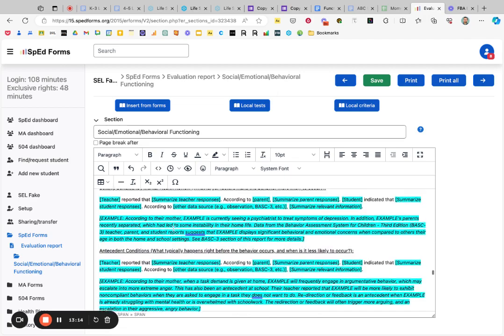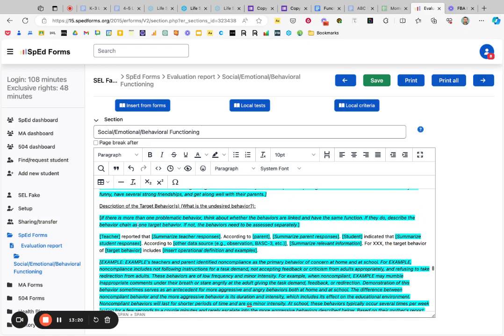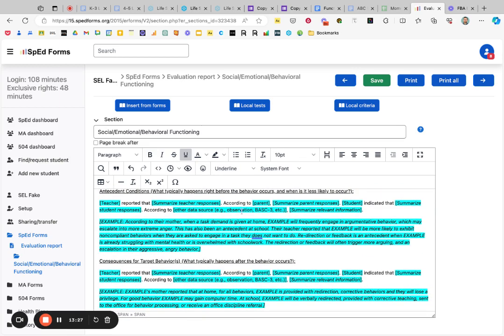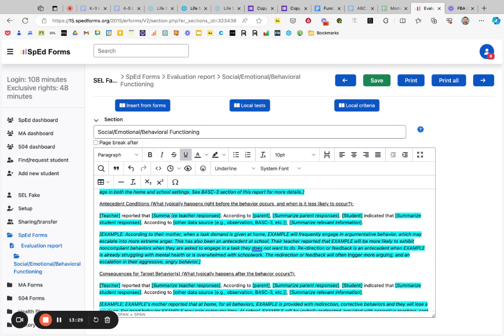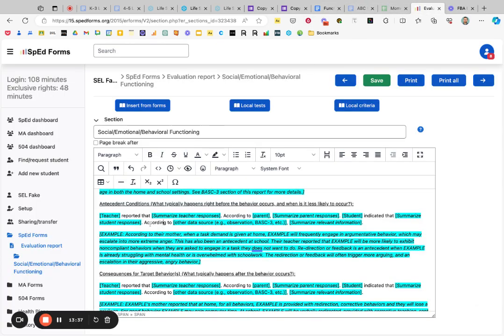Then we've written up, so far, our 3 observations. And then again, we went through these headings and just pulled primarily from our interviews. But you can also add notes from the observations here. So, if we're writing about the antecedent conditions, again, like the match, it would be worth mentioning, during his observations, we saw this.